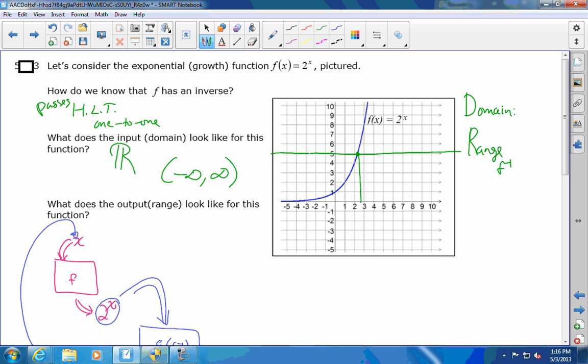Well, if I can figure out what the range is for my function, I'm okay. So now I can totally ignore anything below the x-axis because this function's never going to be negative. So then I just have to remember, can this function be 0? Can I put some number in for x that makes that 0?